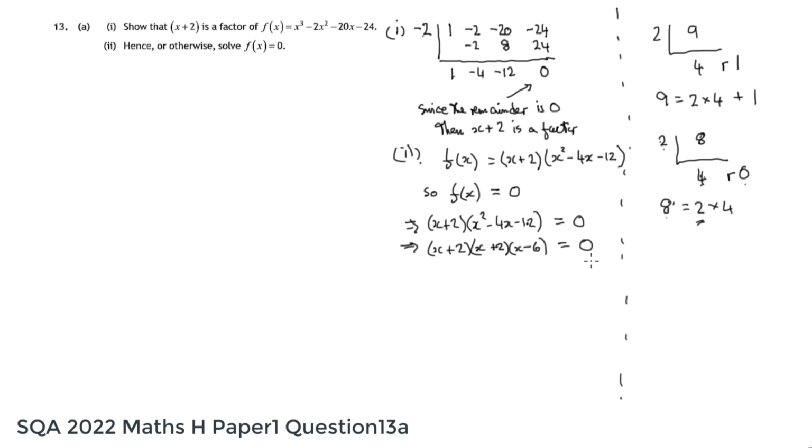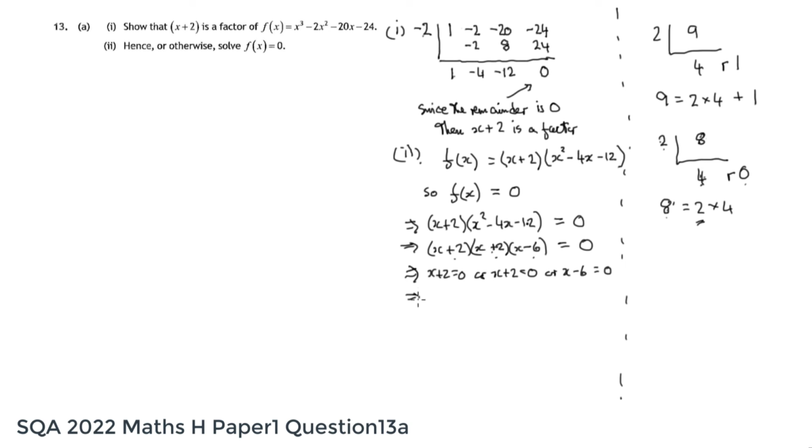You use the way you're used to. So these 3 expressions multiplied together give me 0. Somewhere along the line there must be a 0. So either x plus 2 is 0, or x plus 2 is 0, that gives us the same as the first equation, or x minus 6 equals 0.